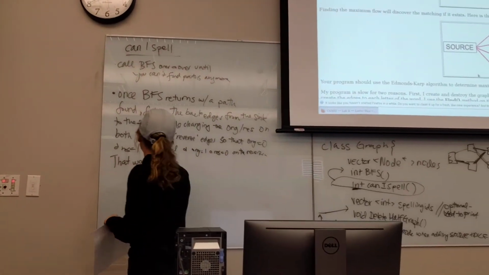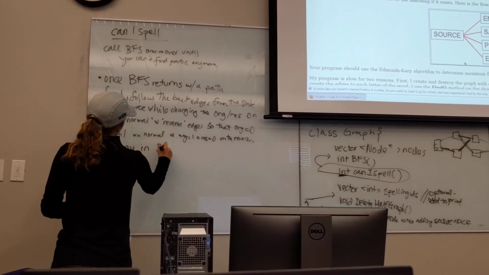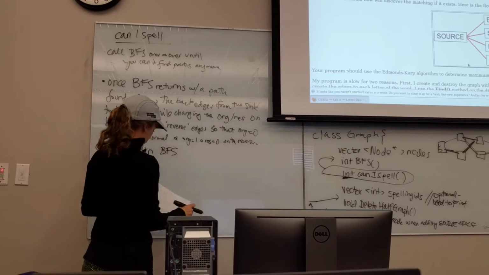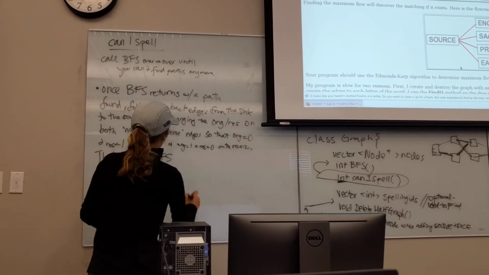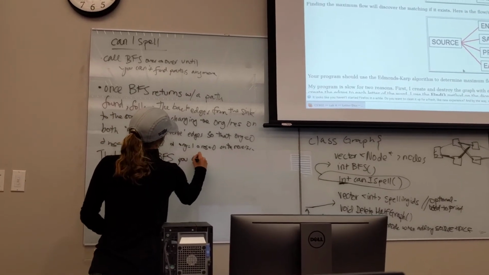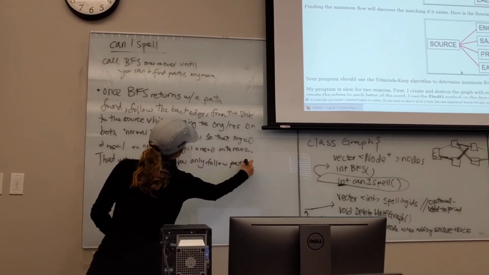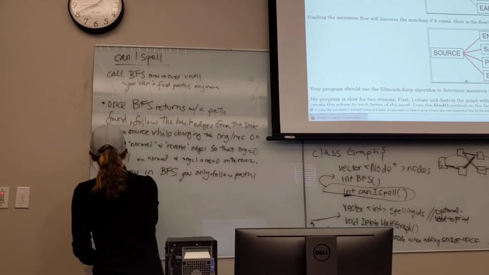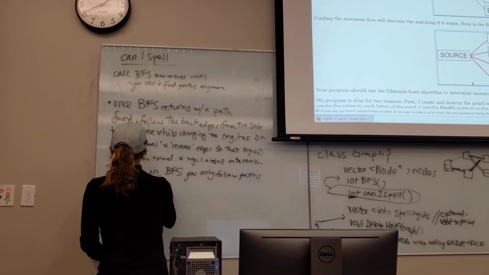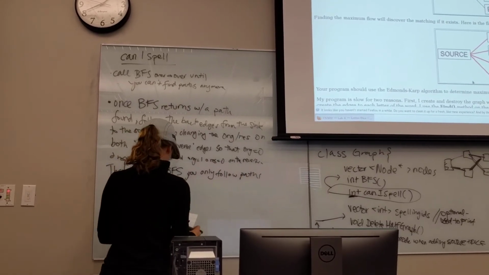Because that way in breadth first search, you only follow paths where original is equal to 1.